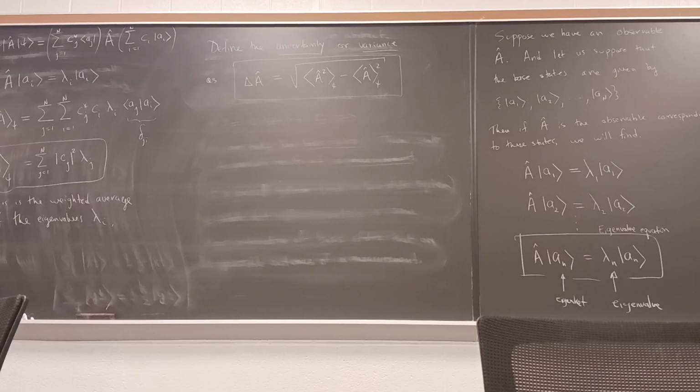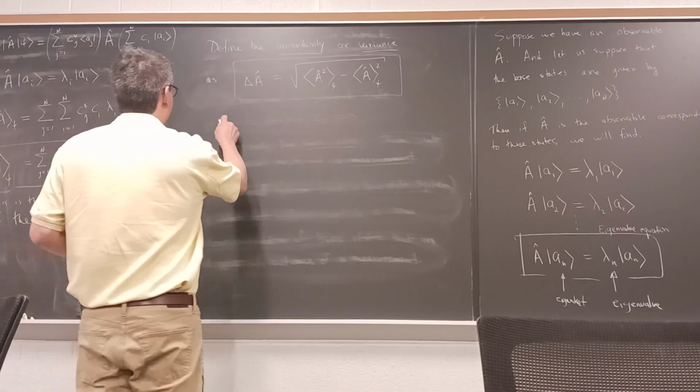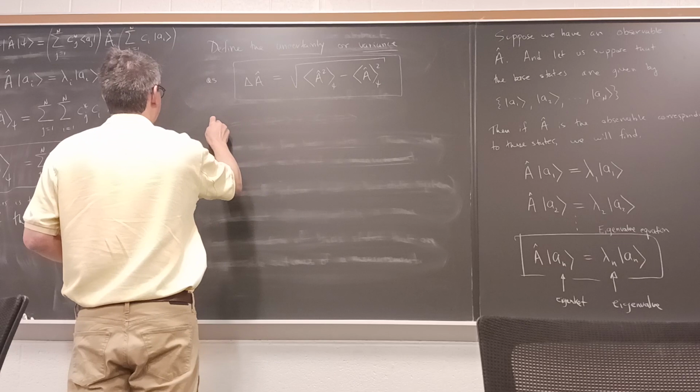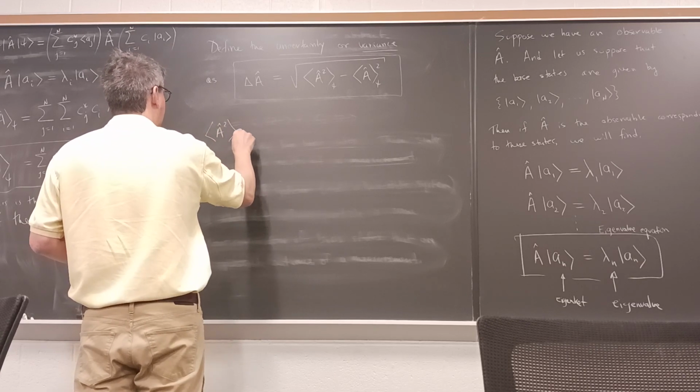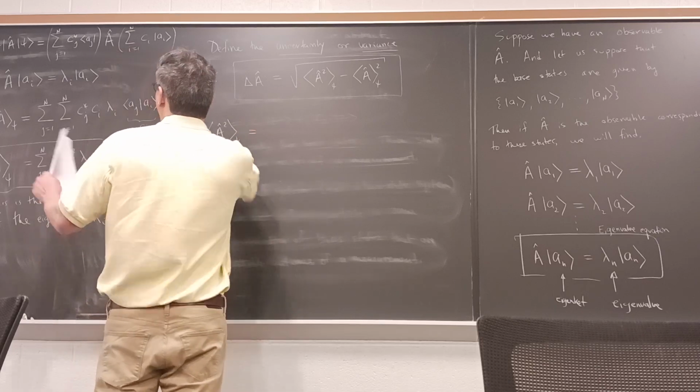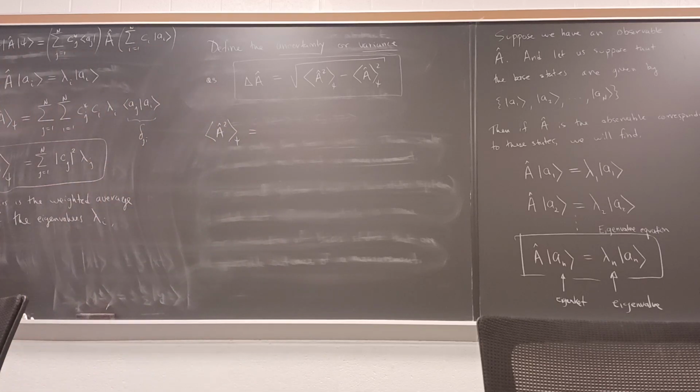Okay, so now we have to calculate this A squared on the inside. So what's that? Just based on what we did over here, what do you think the answer is? It means we have an A squared here. So what does that give me? It's just lambda squared.